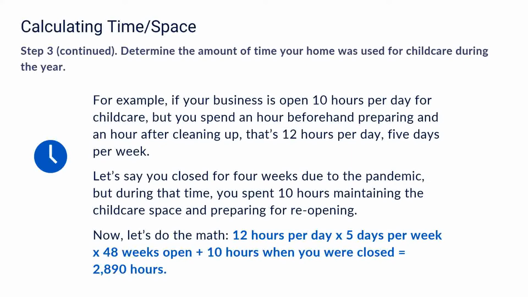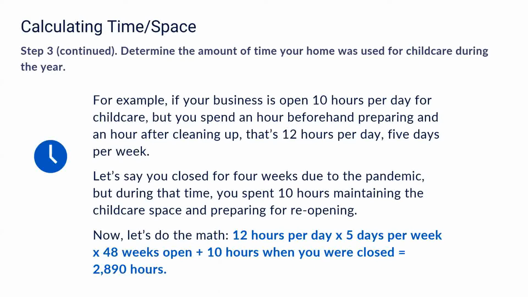For example, if your business is open 10 hours per day for childcare, but you spend an hour beforehand preparing and an hour after cleaning up, that's 12 hours per day, 5 days per week. Let's say you closed for 4 weeks due to the pandemic, but during that time you spent 10 hours maintaining the childcare space and preparing for reopening.